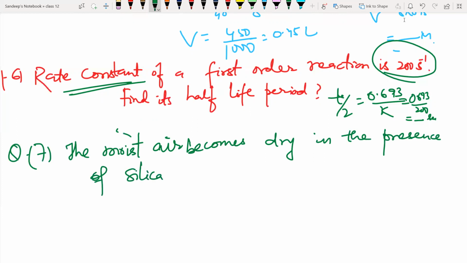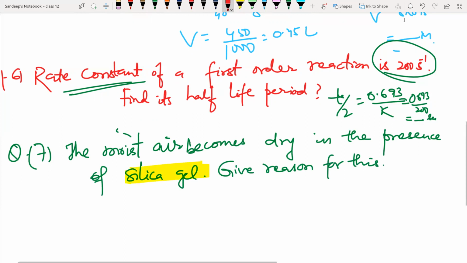Give reason for this. So you must be knowing that silica gel is an adsorbent. It absorbs moisture and therefore the air becomes dry. So this is part from surface chemistry.